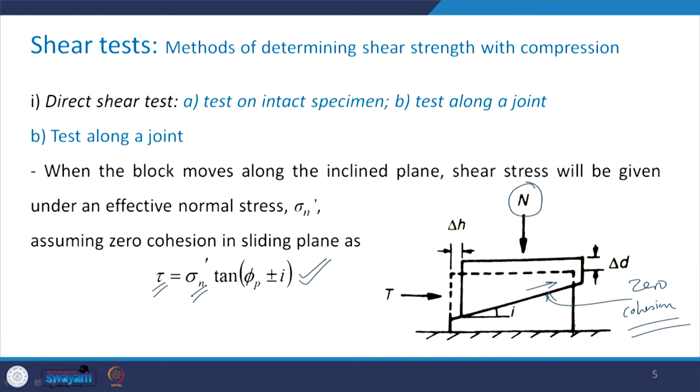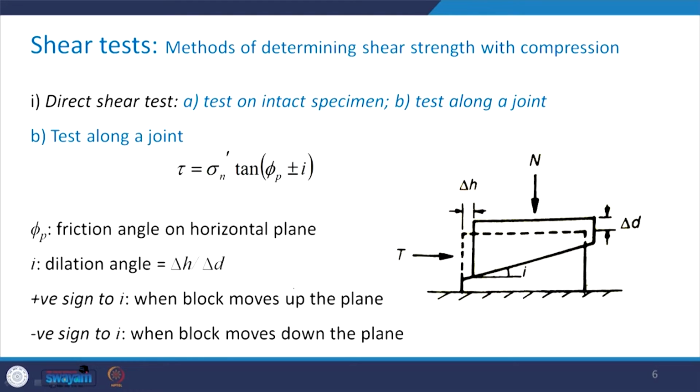When you divide N by that area, you will get the normal stress. So, if the plane along which the sliding is taking place is inclined, this is the expression that will give you the shear stress along the inclined plane.